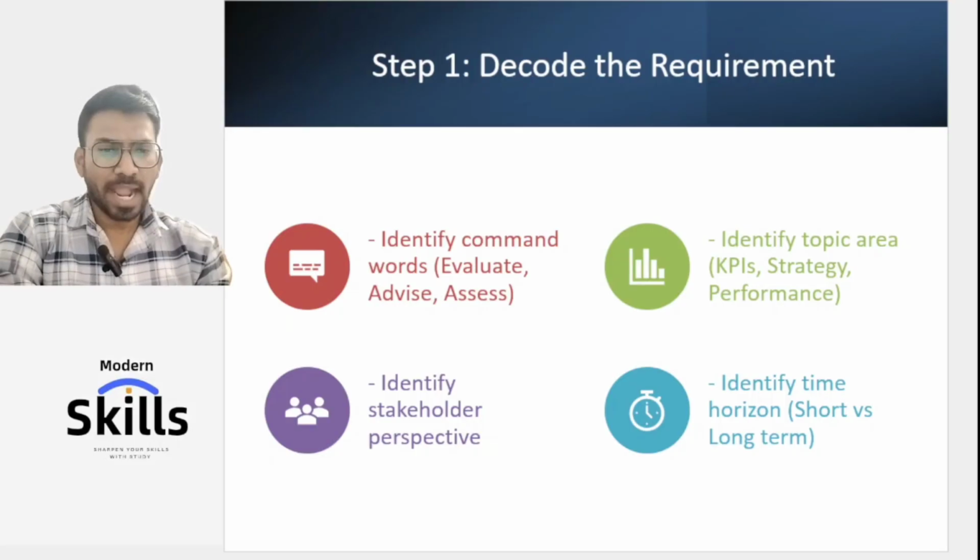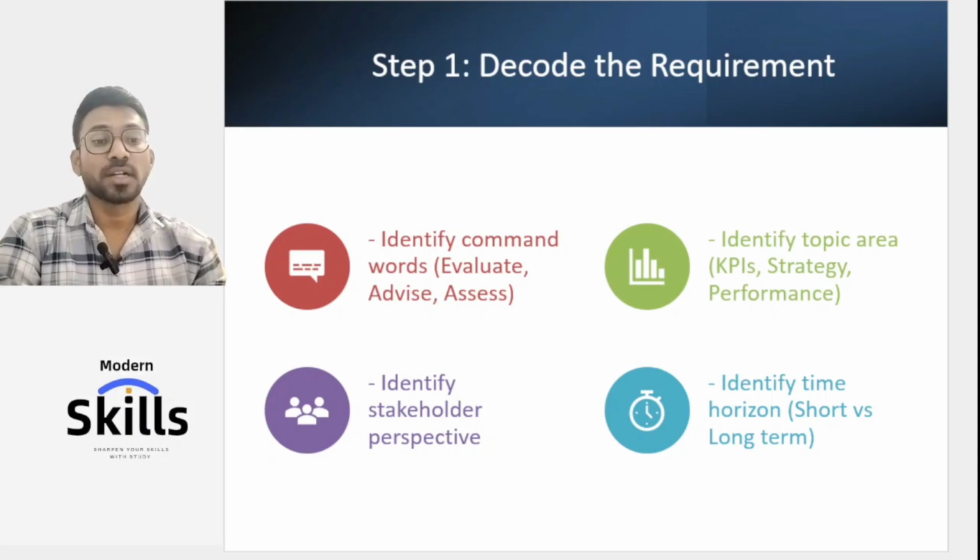Third one, identify the stakeholders' perspective. You should identify from which perspective the question is asking, like the board of directors, the shareholders, the operations manager, or the marketing director.